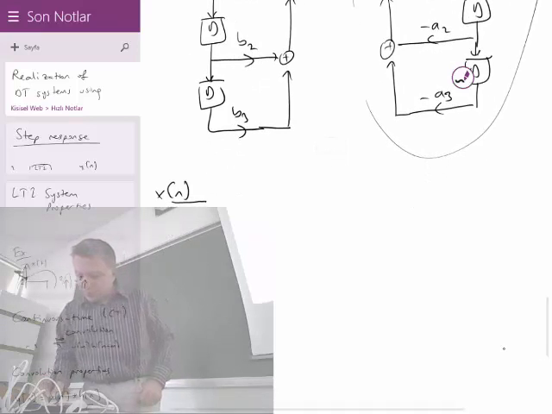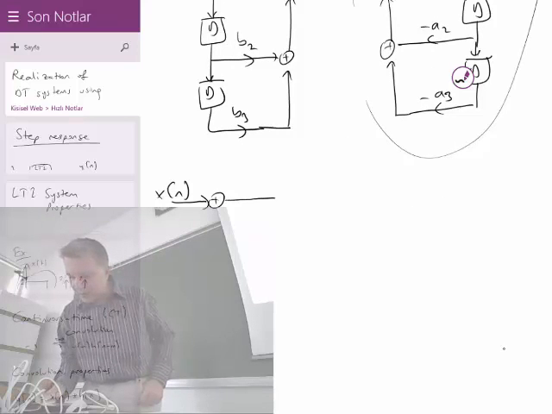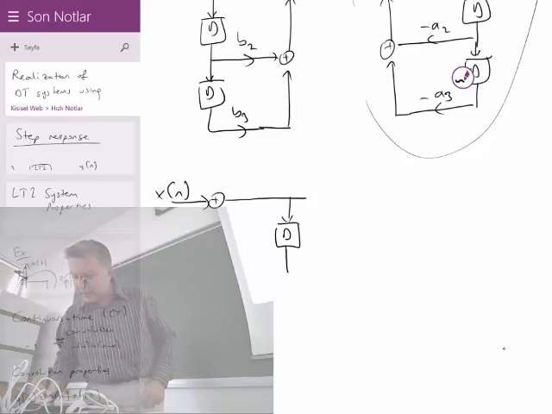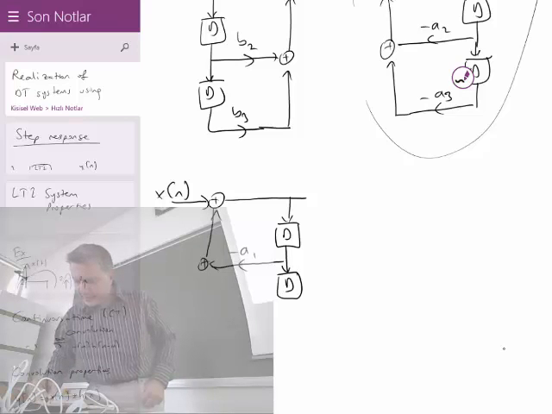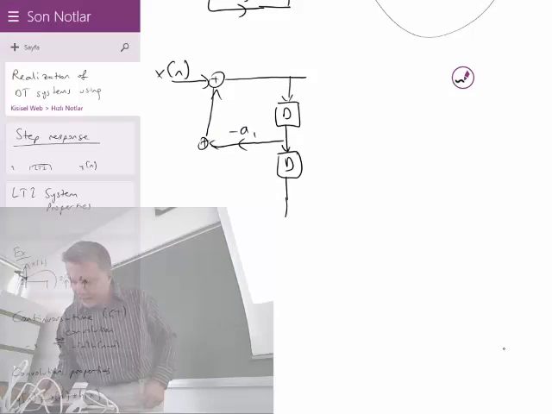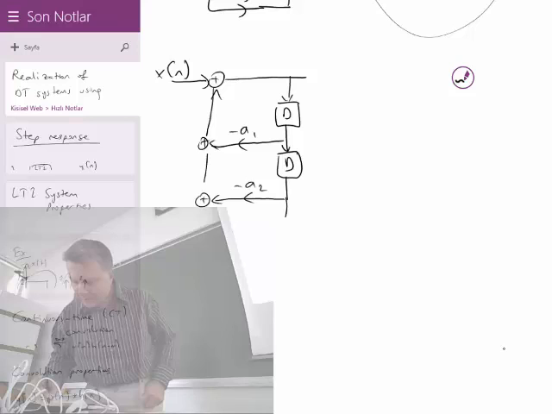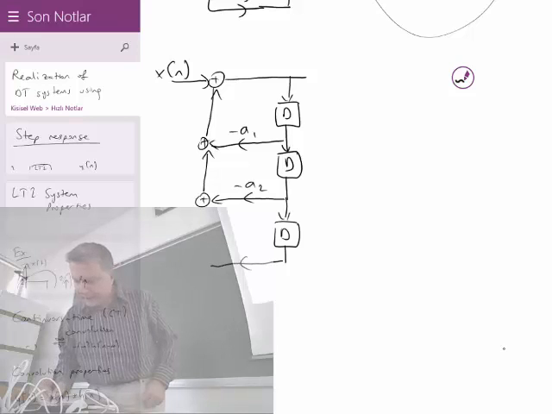But the output is something whose name we don't know, but that thing is delayed and scaled by minus a1, and then delayed again and scaled by minus a2, and then delayed again and scaled by minus a3, like this.